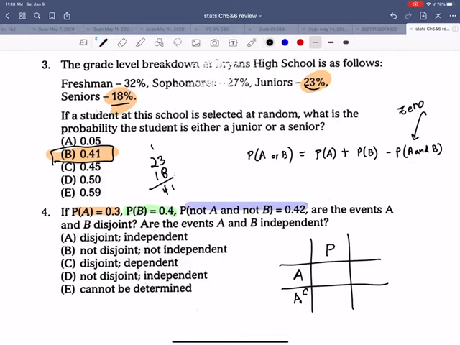And this is B and not B. So they're saying that the probability of A is 0.3, right? And the probability of B is 0.4. And the probability of not A and not B is 0.42. So this is where these items go in my table.